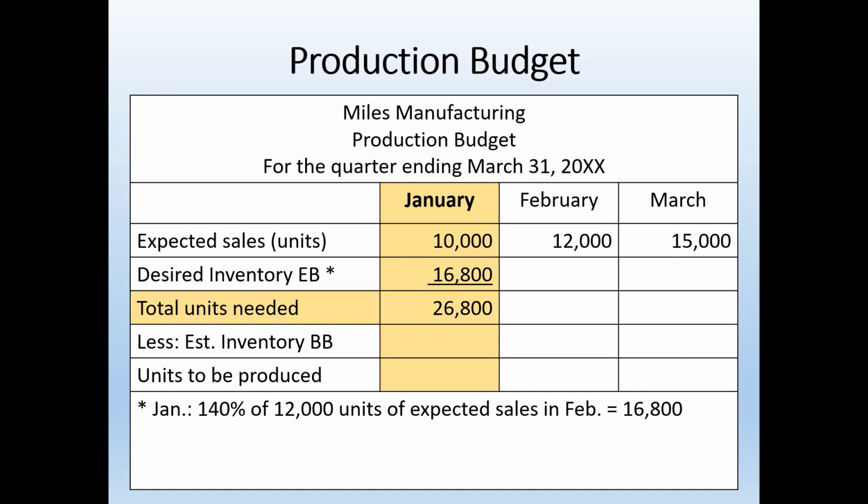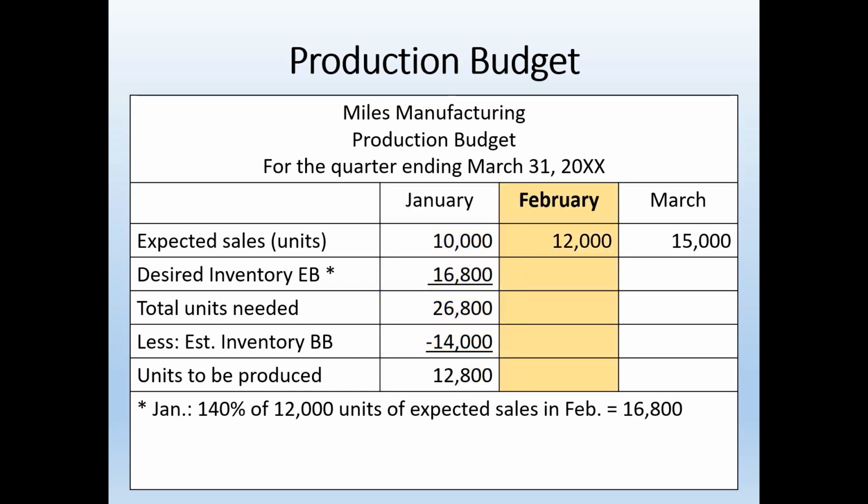So they don't have to make those units in January. We were told that the firm expects to have 14,000 units already in finished goods at the end of December, which means they'll be there at the beginning of January. If we subtract those units from the total number of units that the firm needs, that will tell us the number of units that the firm must produce during January.